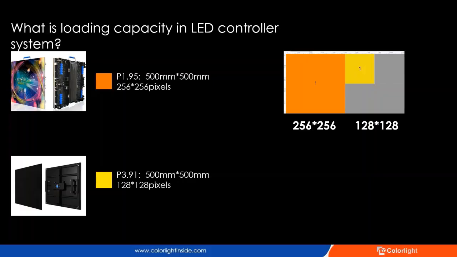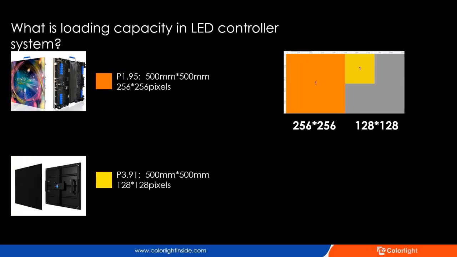So, what is the loading capacity in an LED control system? There are two different pitches of cabinets. The first one is P1.9. The resolution is 256 by 256. Another one is P3.9. The resolution is 128 by 128. The dimensions of these two cabinets are the same.